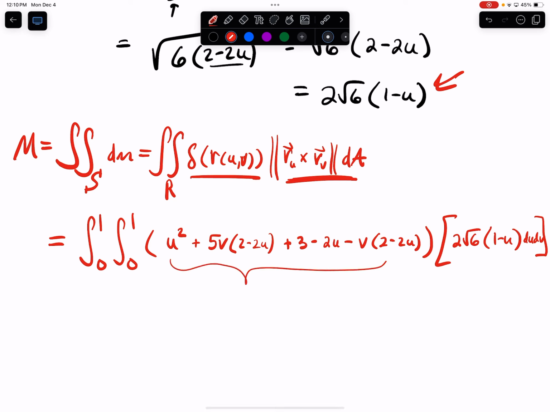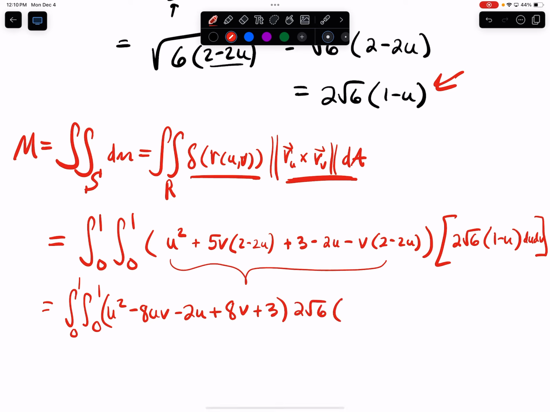This thing simplifies. 0 to 1, 0 to 1, u squared minus 8uv minus 2u plus 8v plus 3, multiplied by 2 square root 6, 1 minus u, du dv.